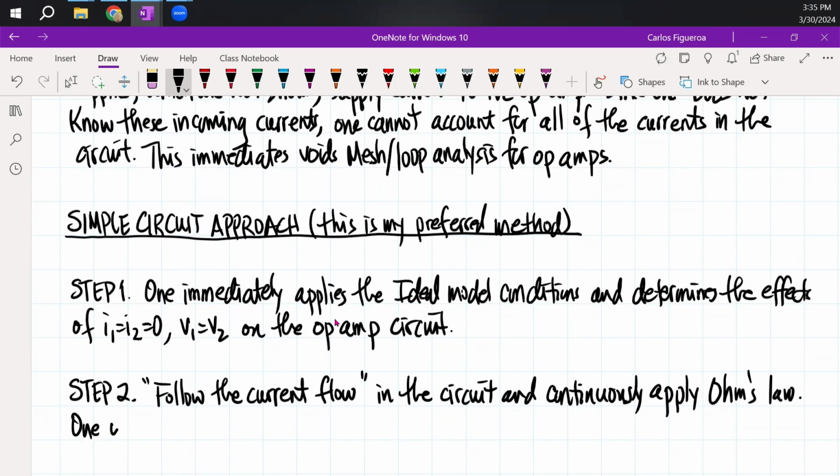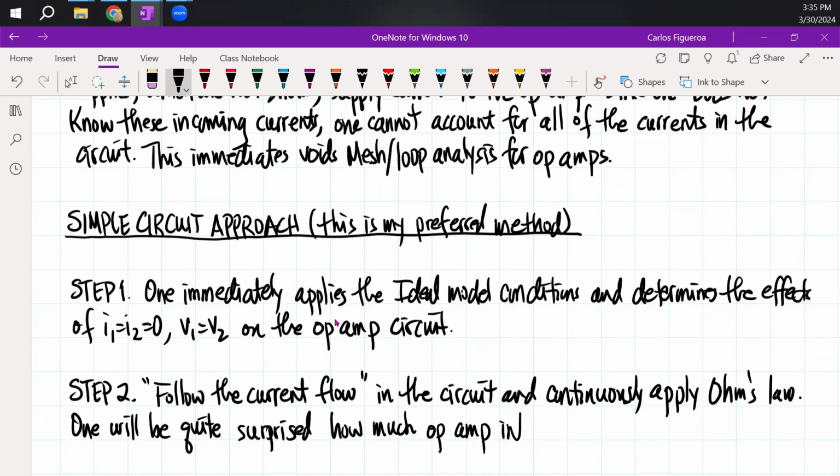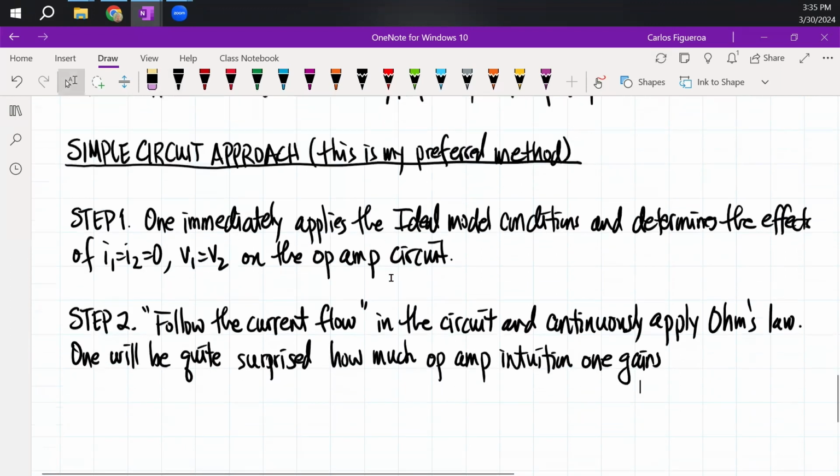One will be quite surprised how much op-amp intuition one gains using this approach.